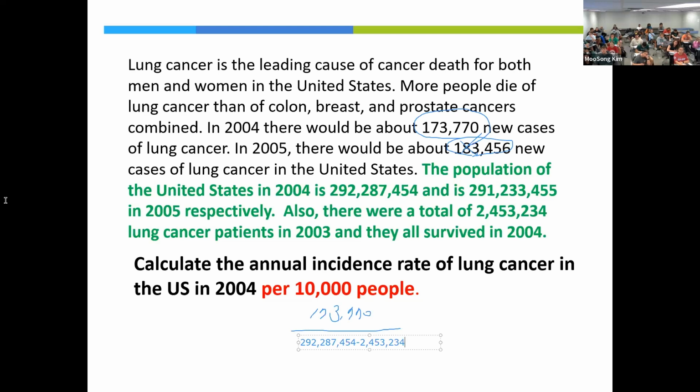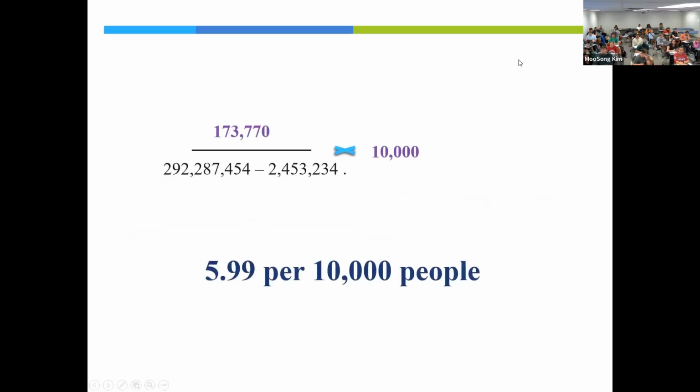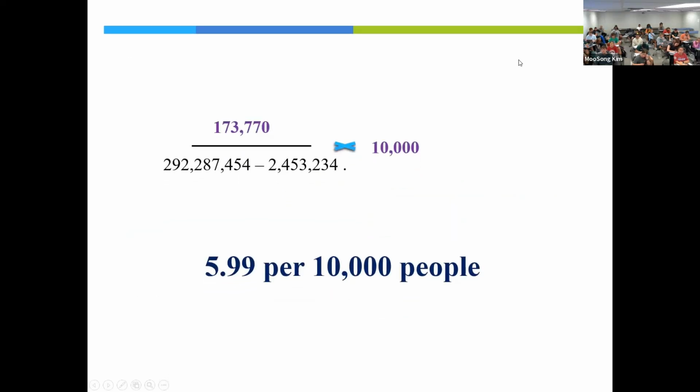And then multiply by the constant, 10,000. If we recalculate, we get 5.99 per 10,000 people.